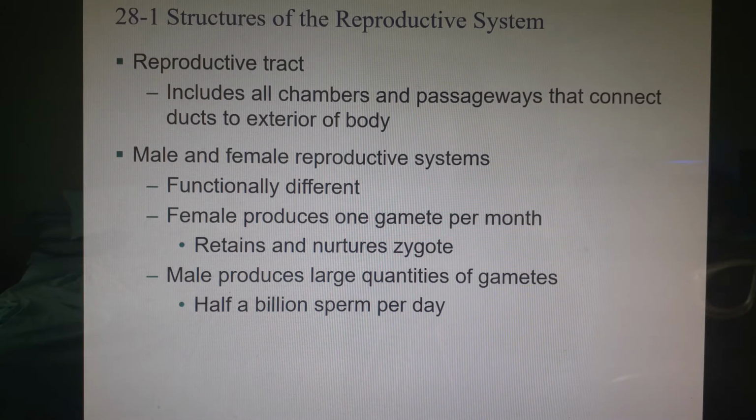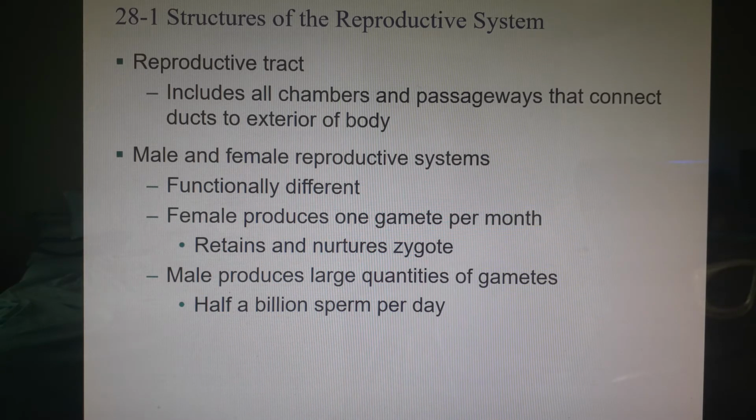Females only produce one gamete in every 28-day cycle, okay? So even though in the process of meiosis we're going to talk about, there should have been possibly 4 viable gametes, the female ends up prioritizing one of those gametes over the other 3 and develops it to a mature ovum that can be fertilized.